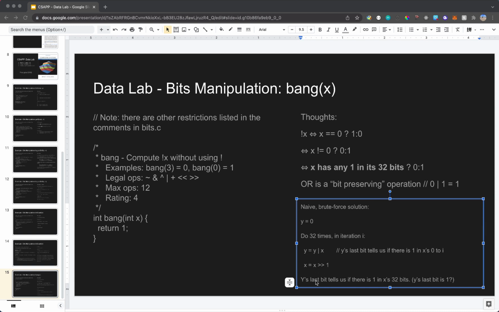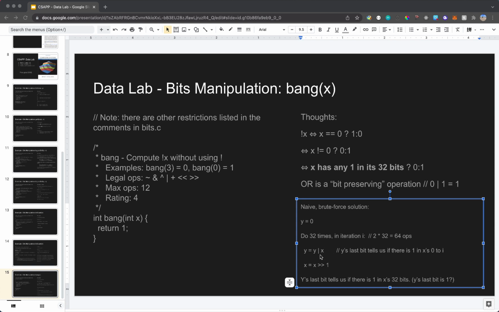We are doing these iterations 32 times, and in each iteration we are doing 2 operations: one bit-level OR, and one right shift by 1. In total, this gives us 2 times 32, so 64 operations. This is well beyond the maximum allowed operations, so obviously we need to improve this solution.